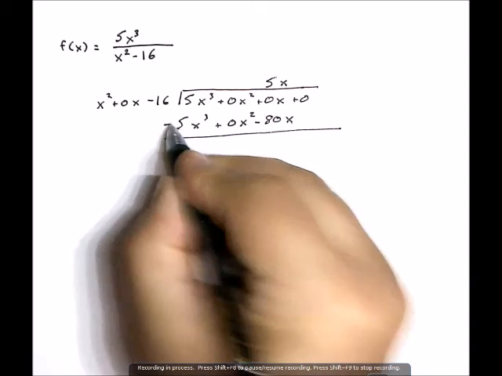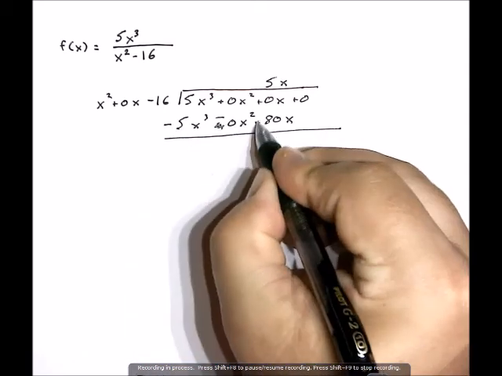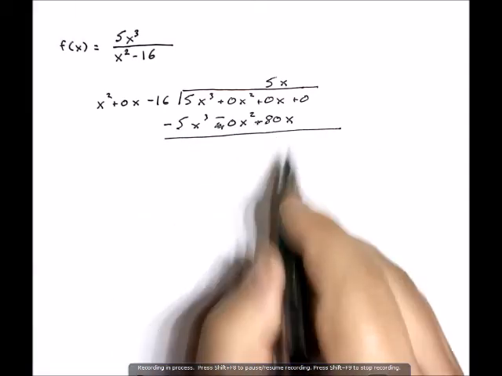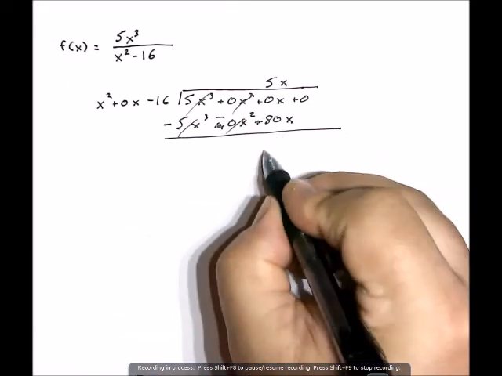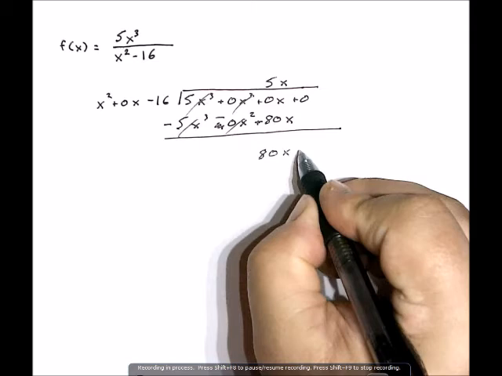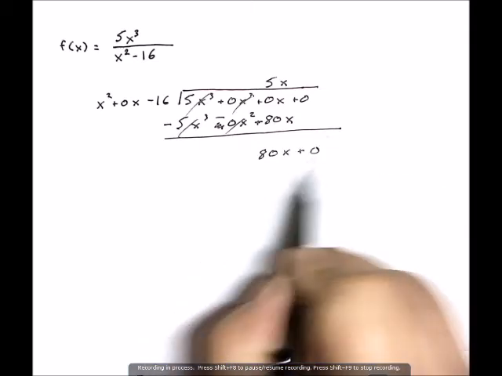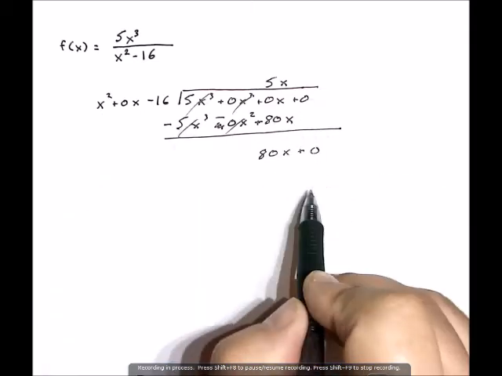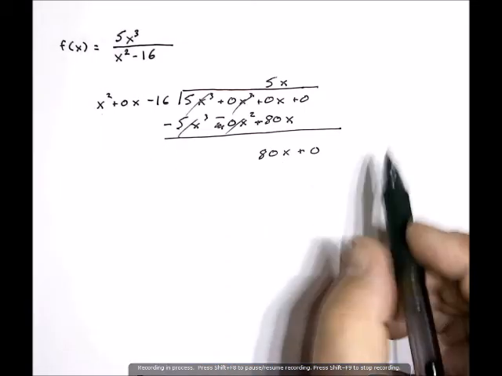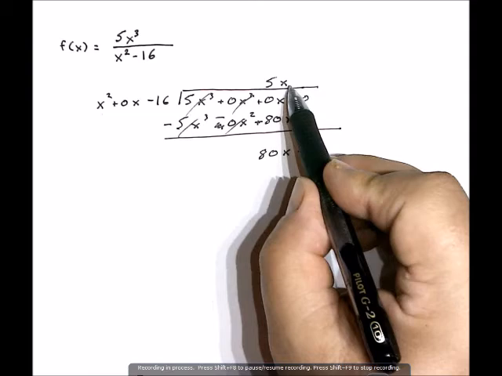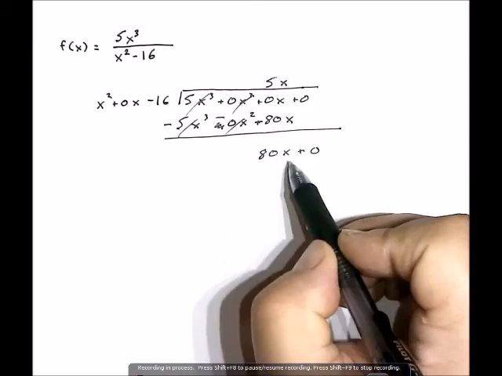And I like to change the signs on these rather than subtracting because it helps me to not confuse pluses and minuses. Let's see, these cancel. And already I'm done because I can't bring down the same number of terms as I have here, and the degree here is less than the degree here. So what I have is 5x with a remainder of 80x.